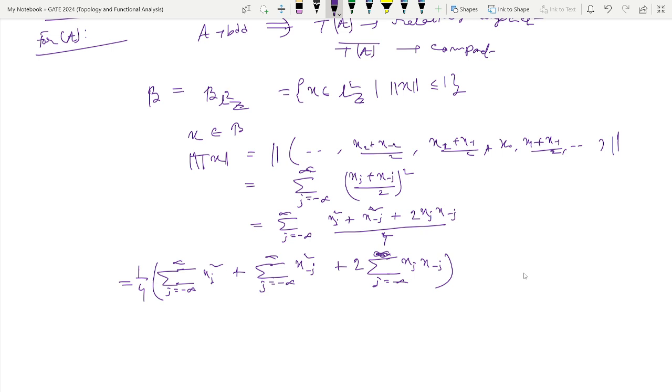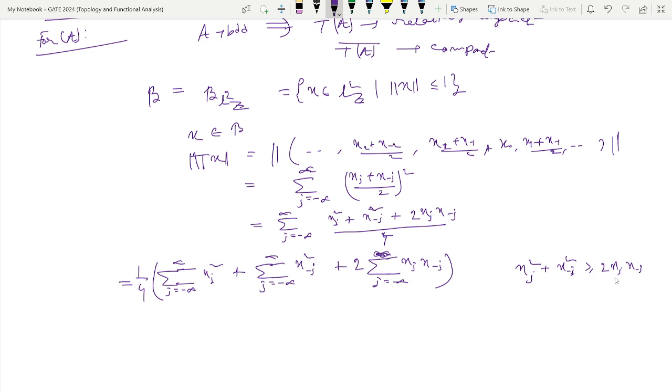Now from a simple inequality we get that xj square plus x minus j square is greater than or equal to 2 xj x minus j.